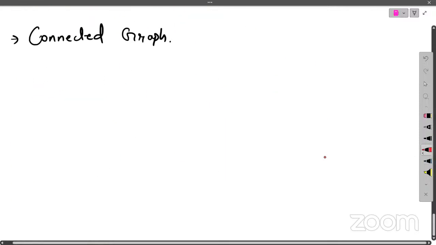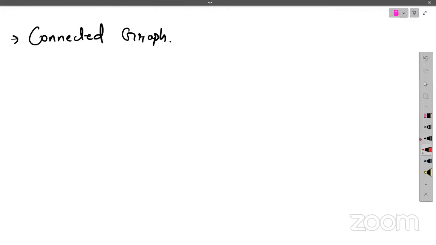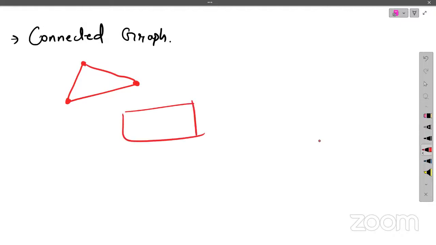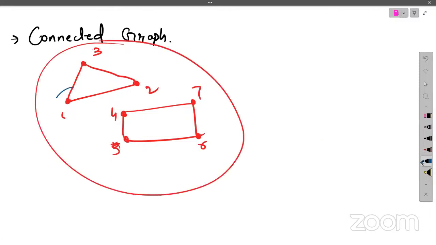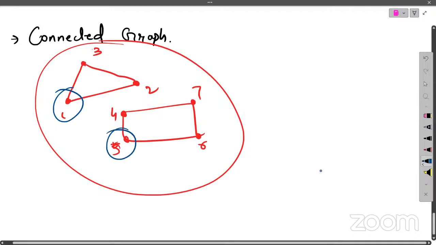But if I give you some graph like this, suppose I have this type of graph. There are 7 vertices and the edges are denoted like this. Now this whole picture is your graph. Here we cannot reach vertex number 1 from vertex number 5 or any of those vertices.